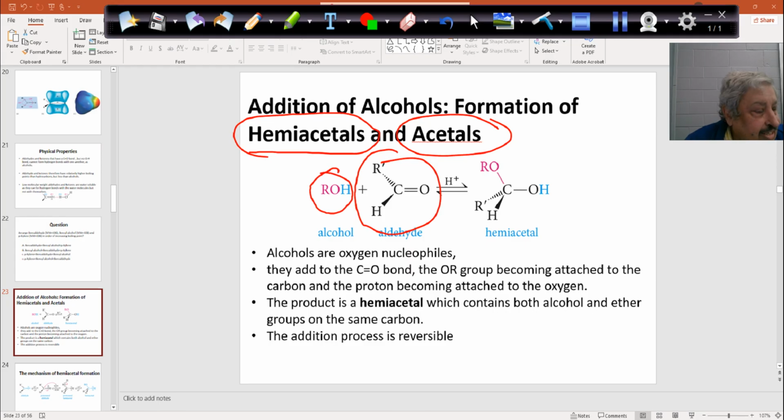When I add an alcohol plus an aldehyde, if you add them up, you get a hemiacetal, which is characterized by one OR group from the alcohol. The R is the same thing, and then the H of the alcohol will come and make one OH.